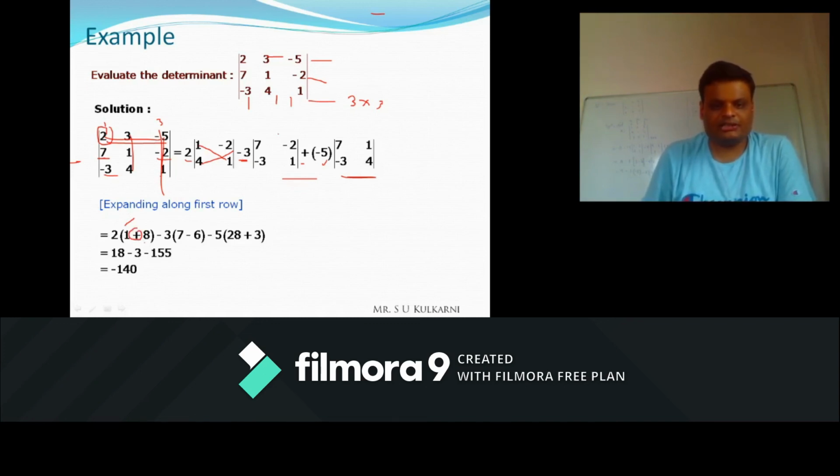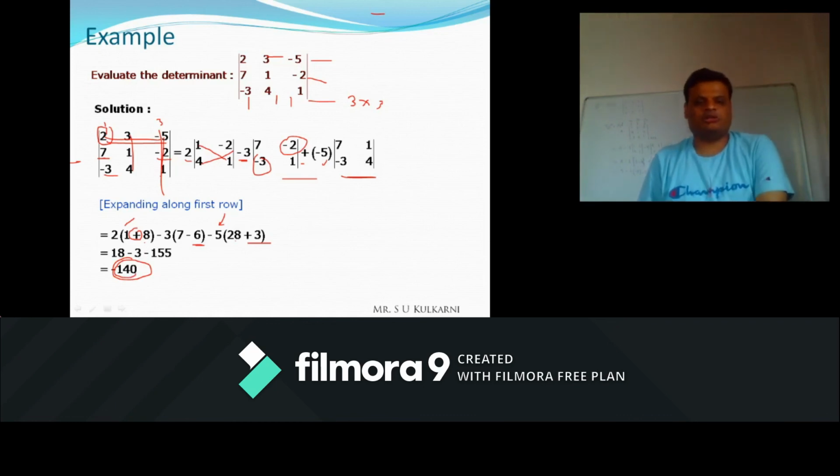Now minus 3 as it is, so 7 into 1 is 7, minus 3 into minus 2 will be plus 6. So minus plus becomes minus. Now plus into minus 5 is minus 5. 7 into 4 is 28. Minus 3 into 1 is minus 3, and with the minus from the middle, it will become plus. Now if you add up, you will get minus 140 as your answer.